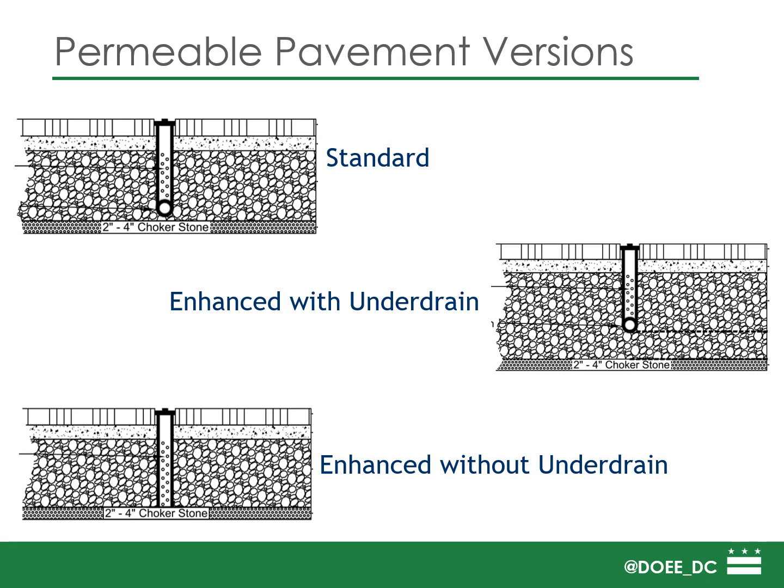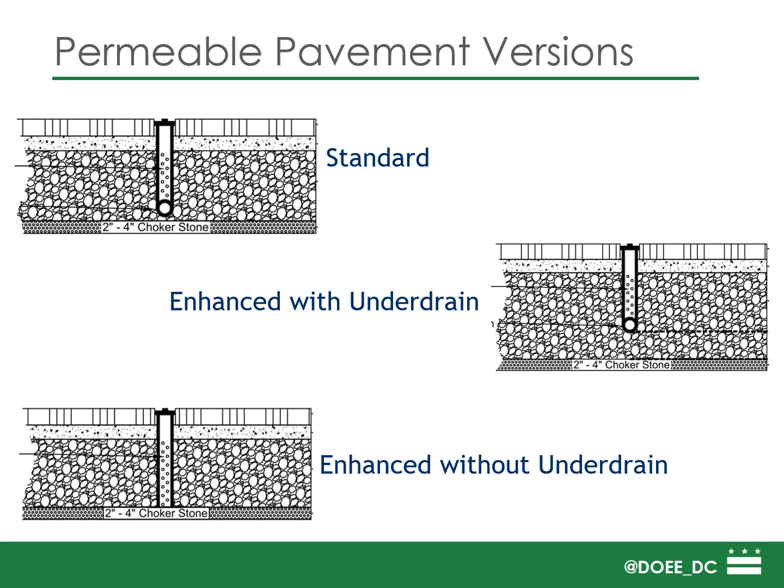On the other end of the spectrum at the bottom left, there's the enhanced without underdrain. So there's no underdrain in this system at all. There's infiltration capacity in the subgrade such that all of the runoff that goes in and percolates down and is stored in the reservoir layer of the permeable pavement can infiltrate into the subsurface. In the middle, there's this enhanced with underdrain system.